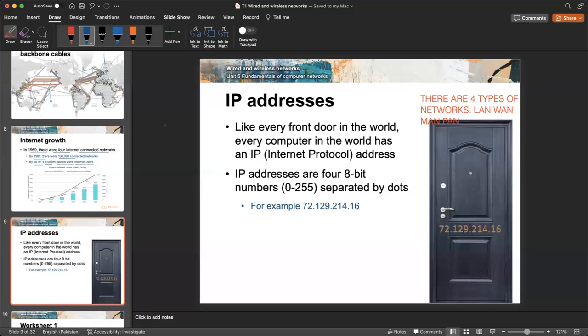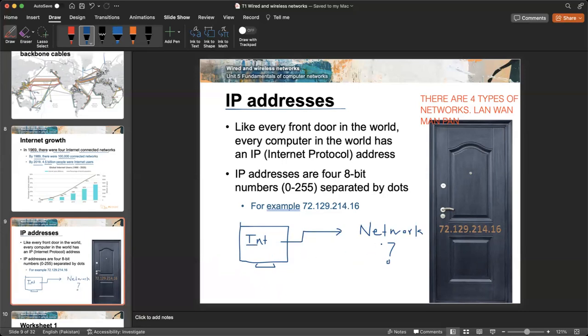What is an IP address? Very easy. Look, this is your internet. This is your computer. And you are using the internet, right? While you are going to use the internet, you have to connect with a network. That network asks you, who are you, Mariam? So you say, I am a computer.